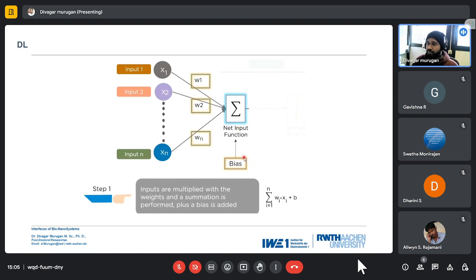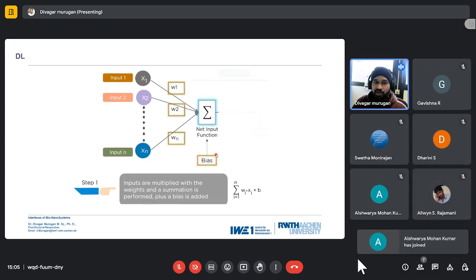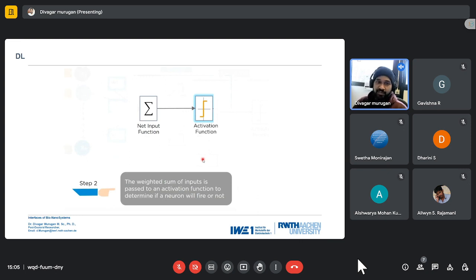So the first step of machine learning or deep learning is to create a bias, where you create an input, put a weightage to it, create a net input function, and then create a bias. The second step is that all the weights that you have applied to the inputs have to be summed up, and this sum has to create an activation function, or you have to define a threshold.